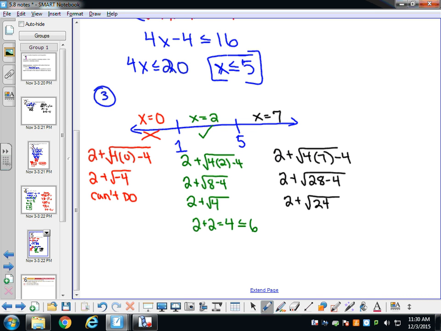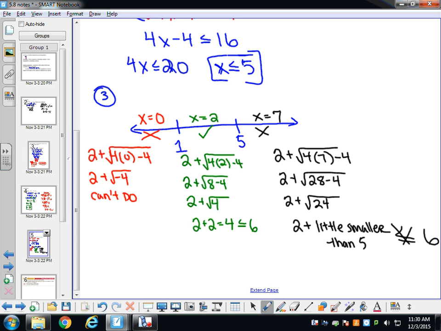Now the square root of 24 has to be a little bit smaller than 5. So then 2 plus something a little smaller than 5 will not be less than or equal to 6. So this is not a solution.